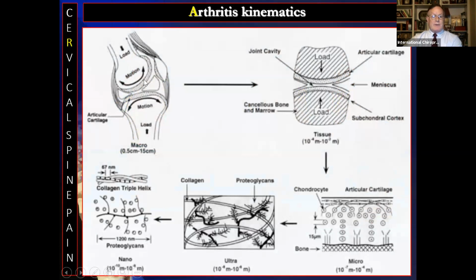And again, here's the kinematics of it. You can see how the knee moves here, the motion and whatnot, and the meniscus or meniscoids. What we want is for these chondrocytes to be healthy. And for the articular cartilage to be strong and sturdy, you need the chondrocytes, but you need what? Collagen, proteoglycans, triple helix. And that's where the lubricin and the hyaluronic acid come in.